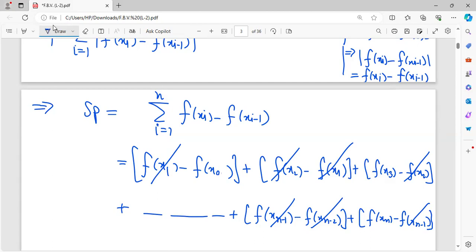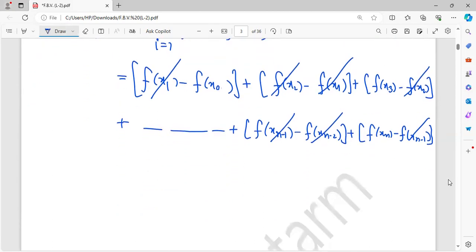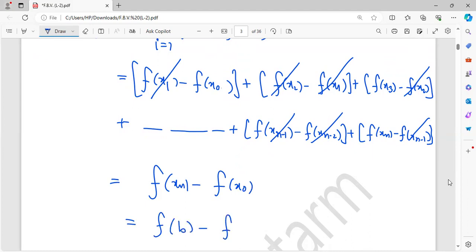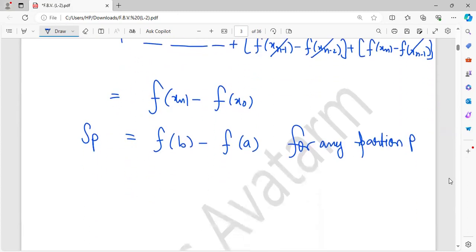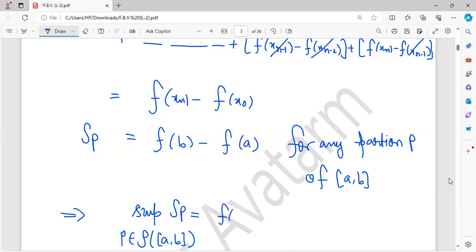What did we get actually? What remains is f(x_0) and f(x_n). But as x_n is b and x_0 is a, it means for any partition P of [a, b], S_P is nothing but f(b) minus f(a), and this is a real number.